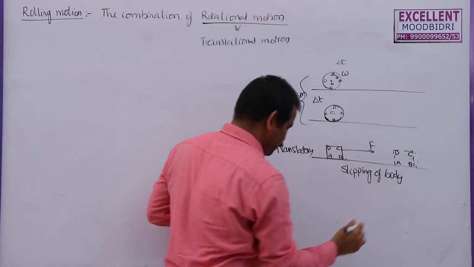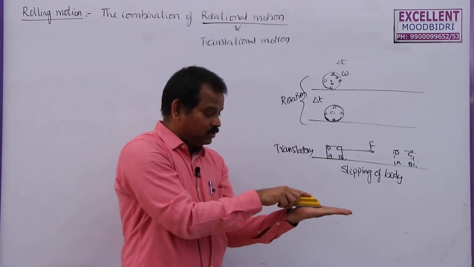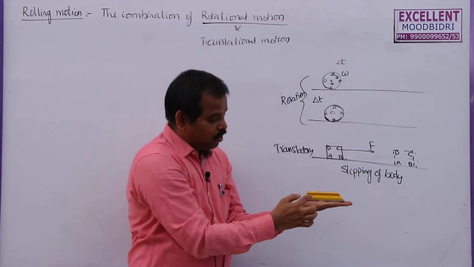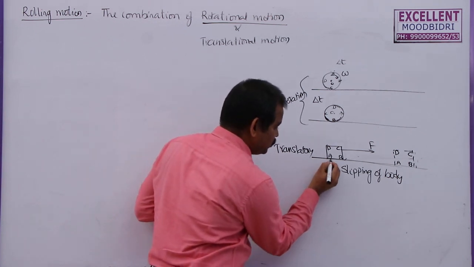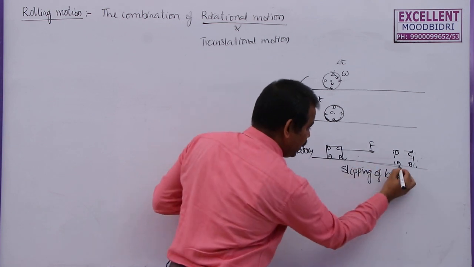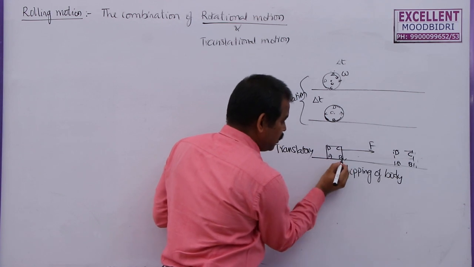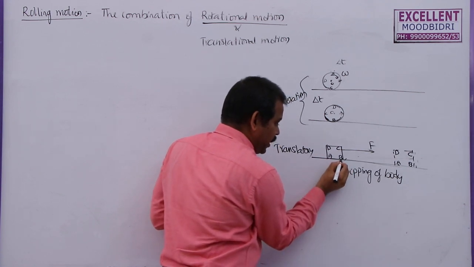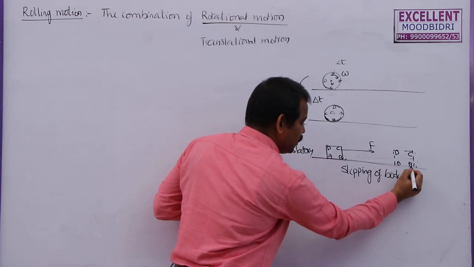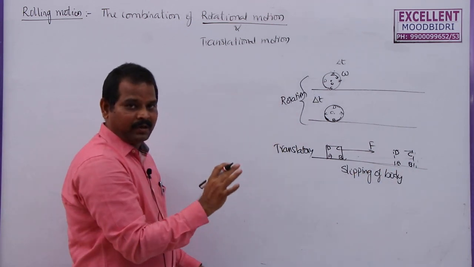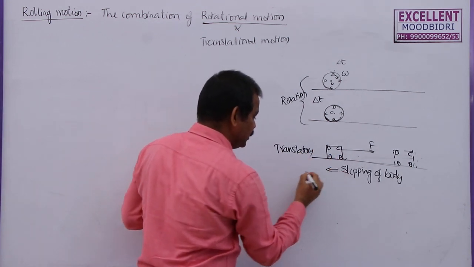Why could we call it slipping of a body? Because here the body is not rotating, it is just slipping over the surface without changing the respective points. What is the point of contact with the bottom surface? Here the point of contact with the surface is A only, on the left side. On the right side, the point of contact is named as B. If the point of contact of a body with the surface is not changing, then we call it slipping.